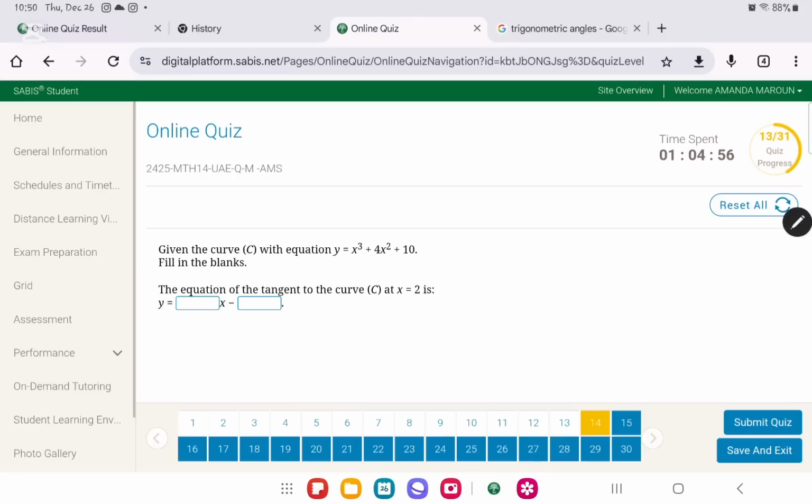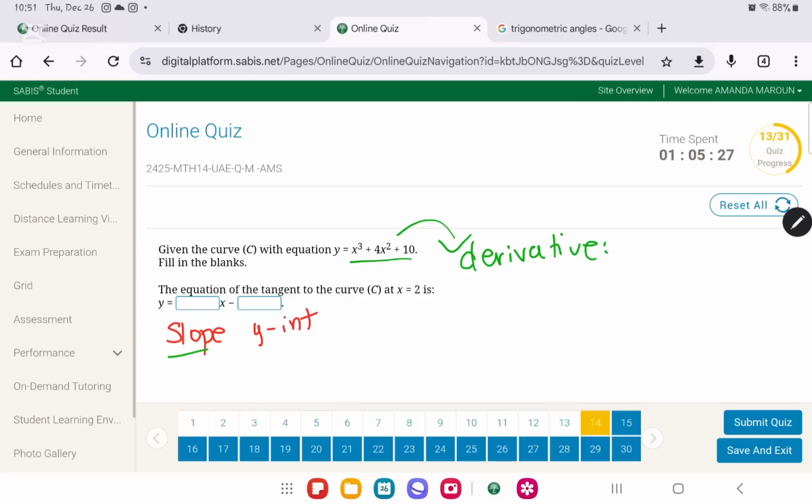Anyways, for this equation over here, this question, by the way, is not as easy as you think it is. First thing we need to do is find two things, the slope and the y-intercept. Now, the easiest thing to start with first is the slope. To find the slope, the very first thing we'll need to do is find the derivative.